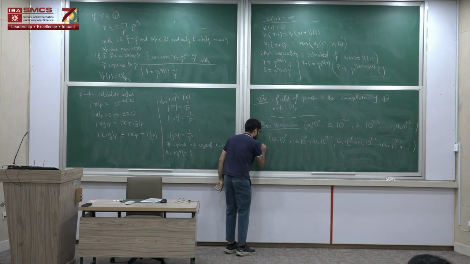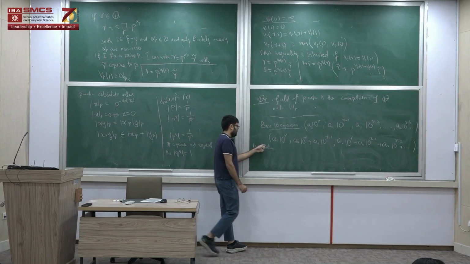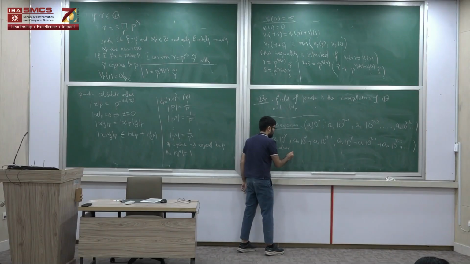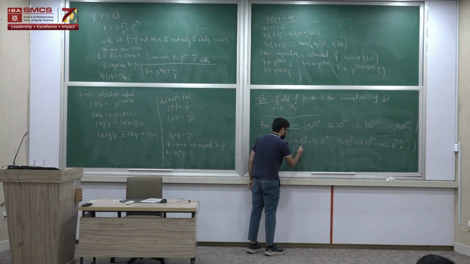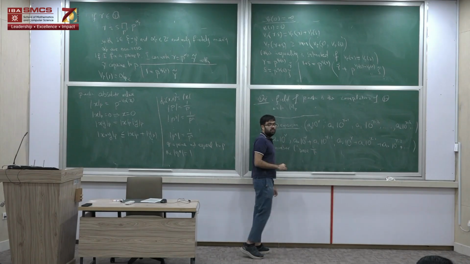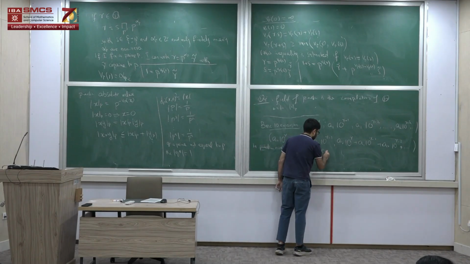So, we have kind of a base. So, in p-adic numbers, we have kind of like quote unquote base 1 over p expansion.